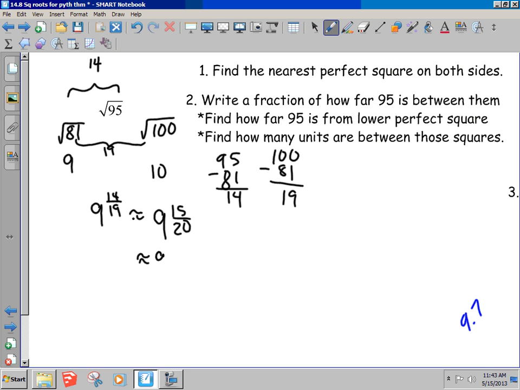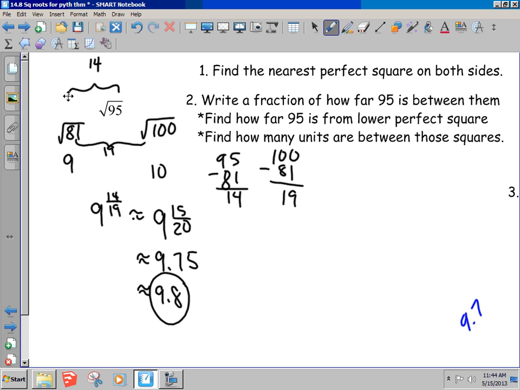So this is about like 9.75, so we want this rounded to the nearest tenth. So we would say, what, Erin? 9.8 is our prediction. We're thinking that the square root of 95 is approximately 9.8.